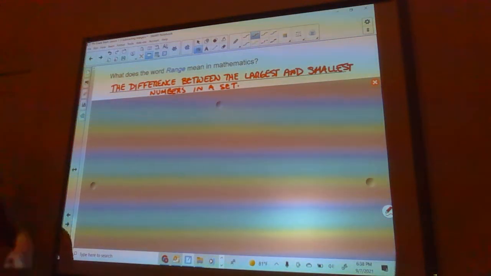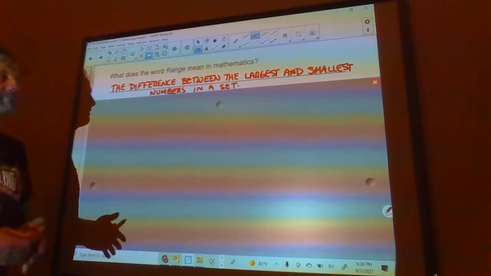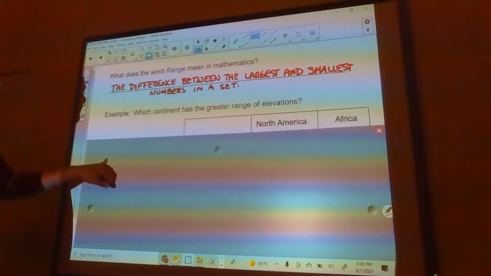That's all it is. You take the biggest one, you take the smallest one, you subtract them, and that's the range.